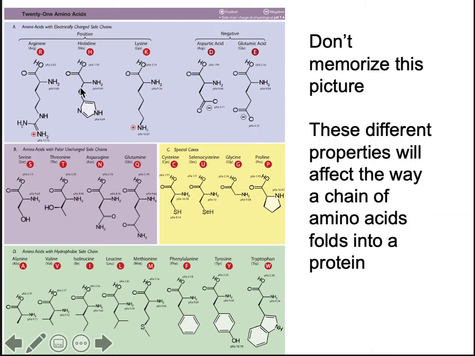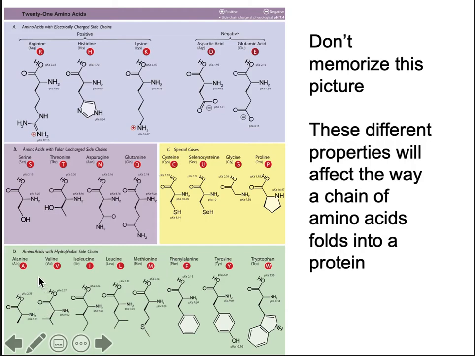So these are positively charged, these are negatively charged. Those are going to interact with their surroundings in a very particular way, right? Whereas these are uncharged side chains, and these are special cases, special properties, like having sulfur.